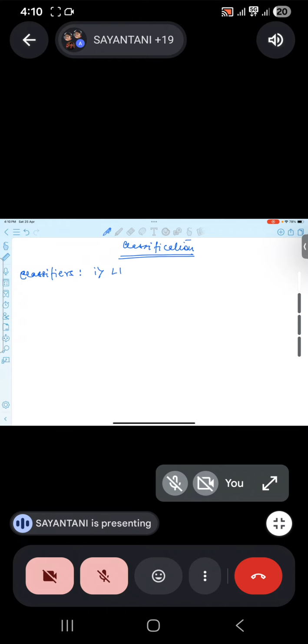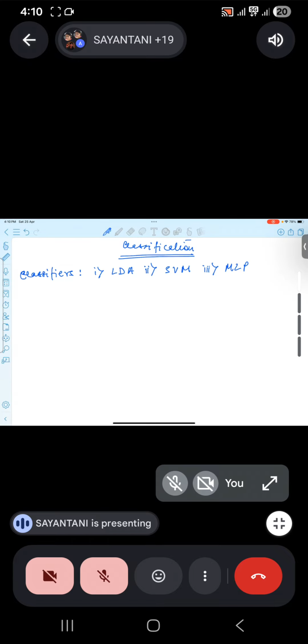The first one was linear discriminant analysis. The second one was support vector machine, SVM. And the third one was a multi-layer perceptron. So we had completed till multi-layer perceptron in the last class.